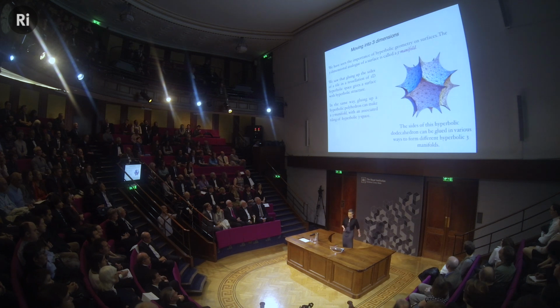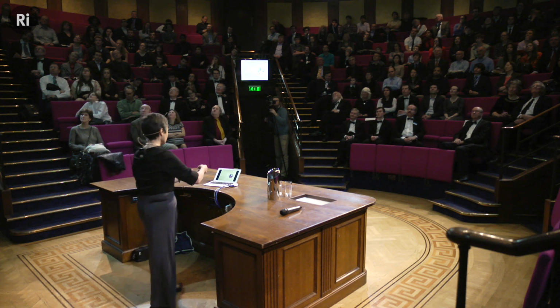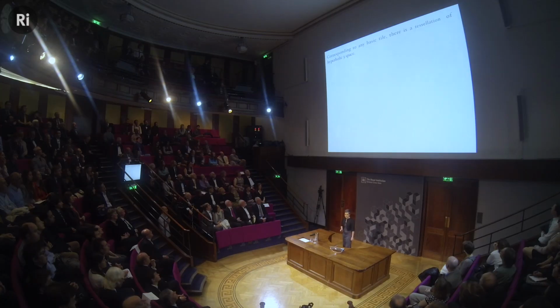But if we were clever, we might be able to do it, and we might be able to produce one of these three-dimensional objects, which, just in the same way that we glued up in 2D and created a surface of some genus, we can create something in 3D which we can say has a hyperbolic structure, and it comes from this process. And now we come to some really amazing pictures.